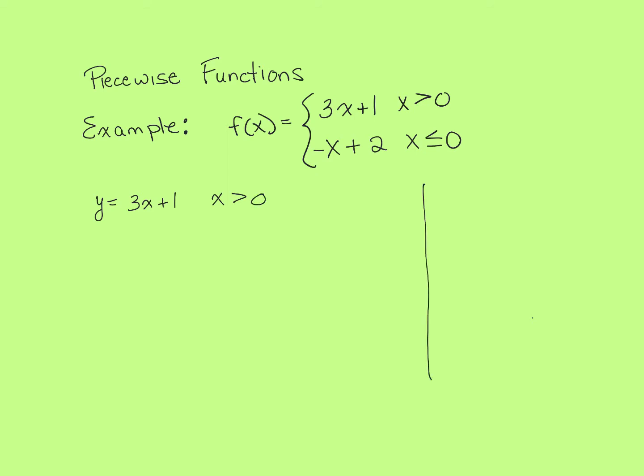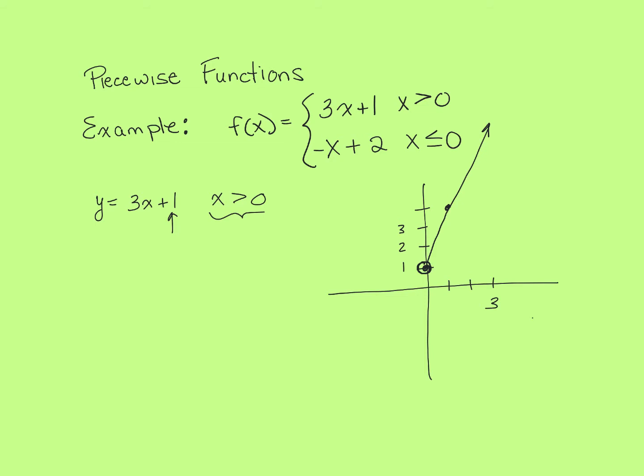So if we were going to graph that piecewise function, I know that it's going to cross the y-axis at 1, and then I will count my slope up 3 and over 1, and I would get the line that looks like this. Now notice I only drew it to the right of 0, and I'm actually going to make this an open circle here because it's not equal to 0 at that place.